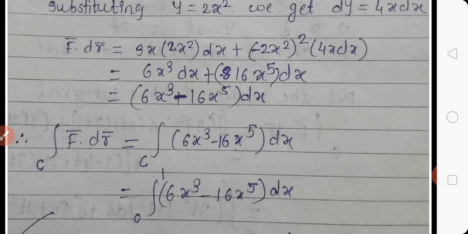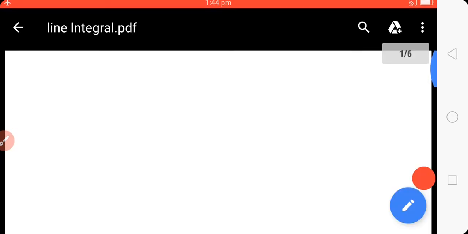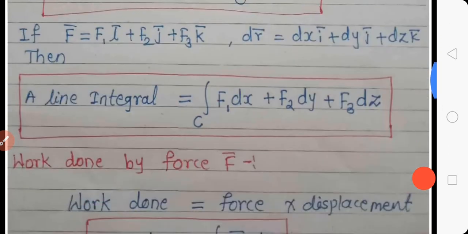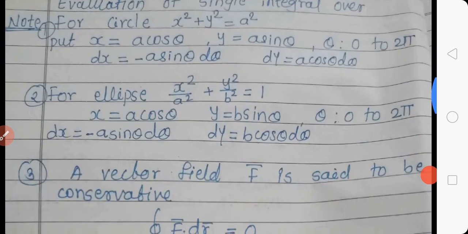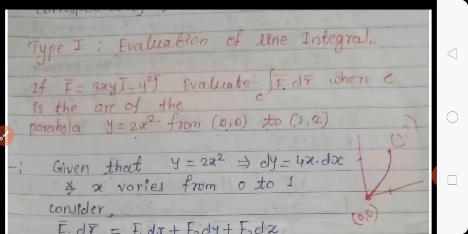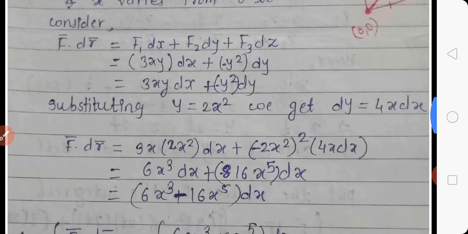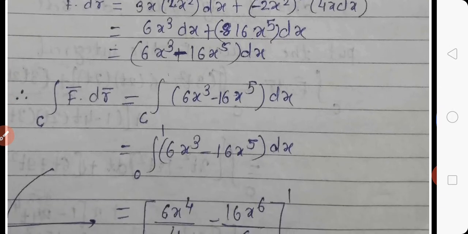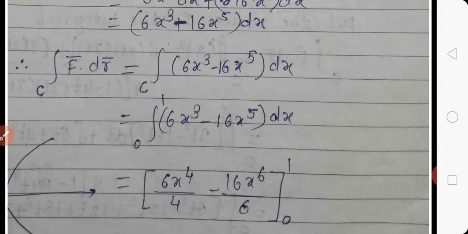Here x varies from 0 to 1. This is given in the example. Therefore, we substitute the limits from 0 to 1, integral from 0 to 1 of (6x cubed minus 16x raised to 5) dx.